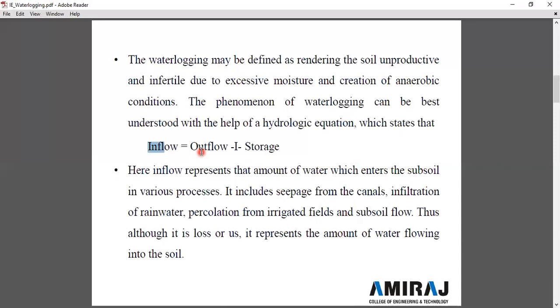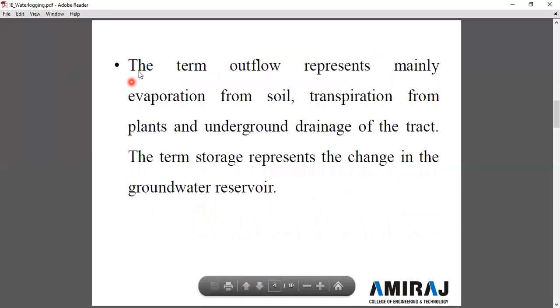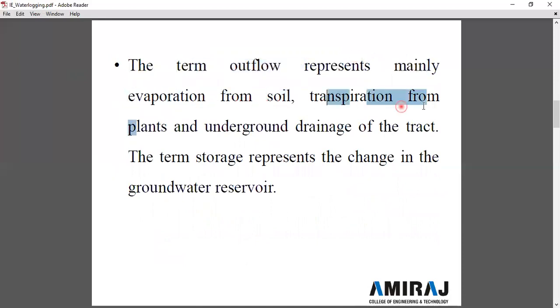Storage is the storage capacity of the field or soil, which already holds a small amount of water in its particles for the next crop season. When the inflow is very high, the chances of waterlogging occur. The term outflow represents mainly evaporation from soil, transpiration from plants, and underground drainage of the tract. The term storage represents the change in the groundwater reservoir.